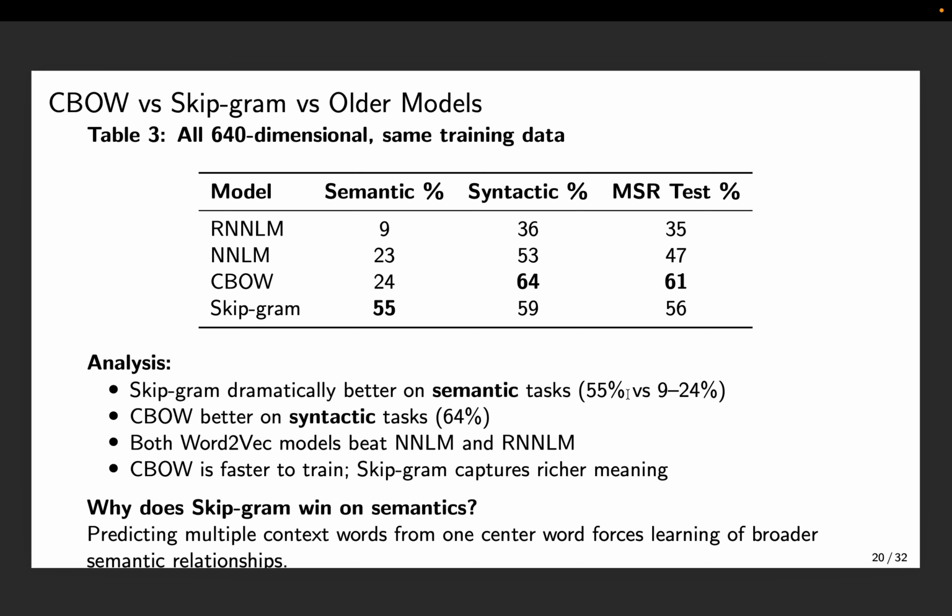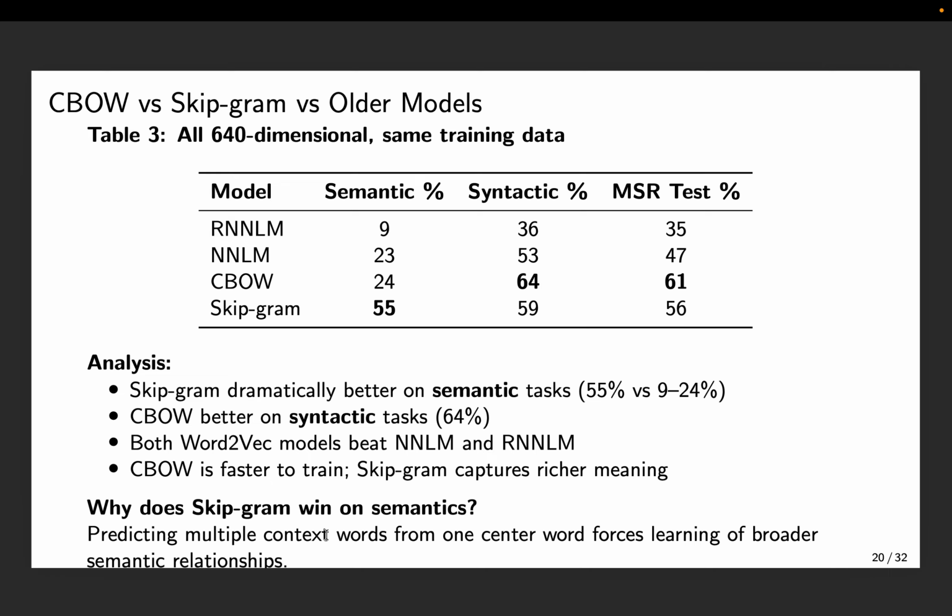Think about the training objective. Given the word Paris, you predict France, city, Eiffel, capital, Europe, and all of these context words are semantically related to Paris. By training to predict all of them, the model learns a rich semantic profile of what Paris is.